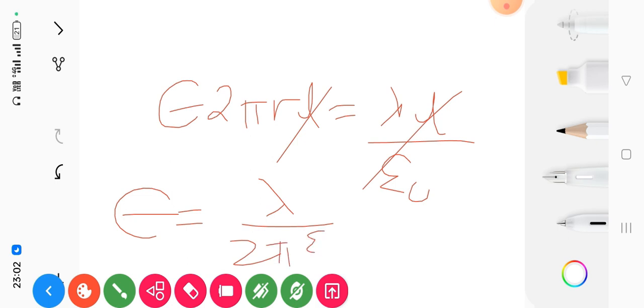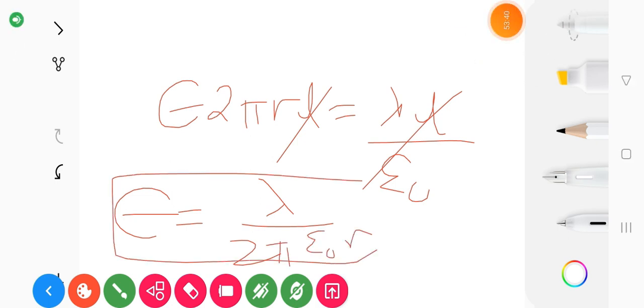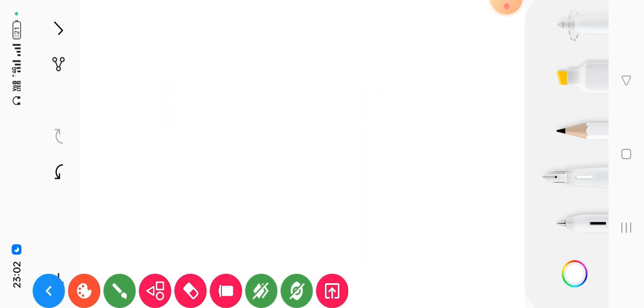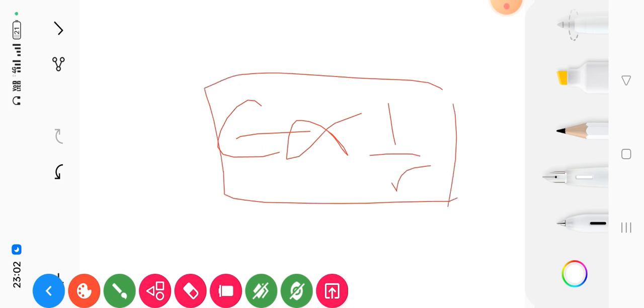Okay, very important. And you see there are certain conclusions we can draw. The electric field here depends on the distance of the point. The more the distance of the point from the linear line charge where we find the electric field, the electric field will be less. That is understood.